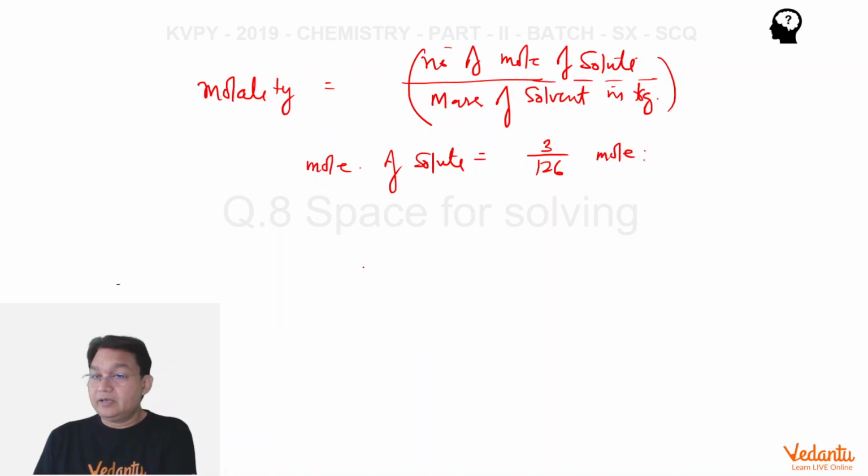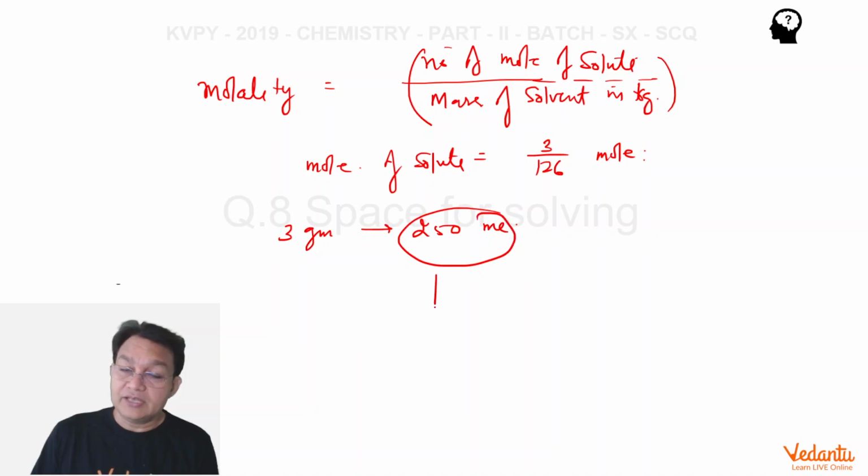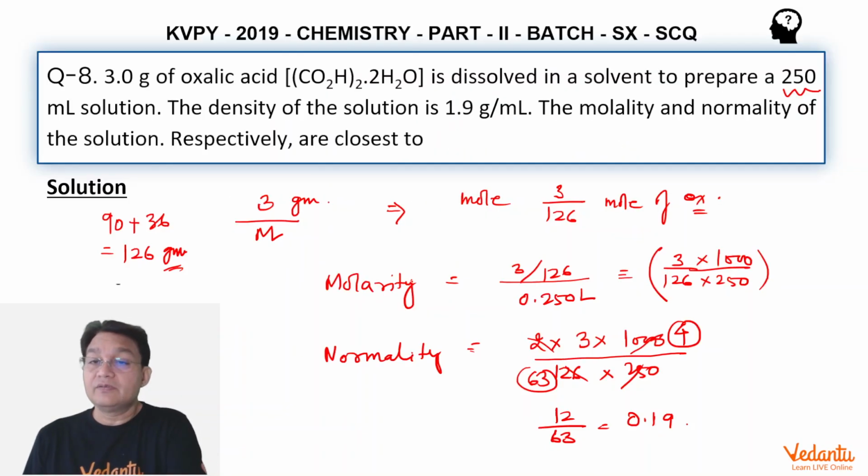But when you added 3 grams of this in a 250 ml solution, you made this into 250 ml solution. The density of this was given as 1.9 grams per ml.